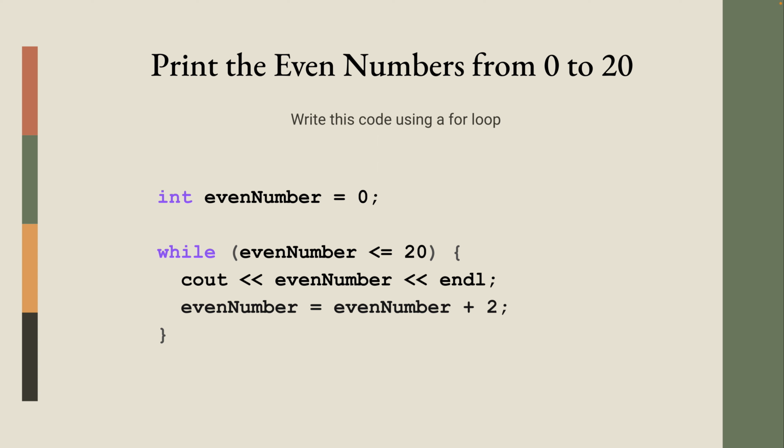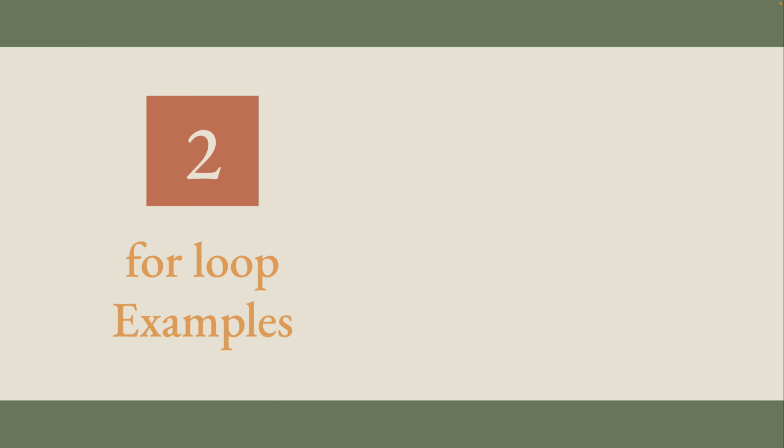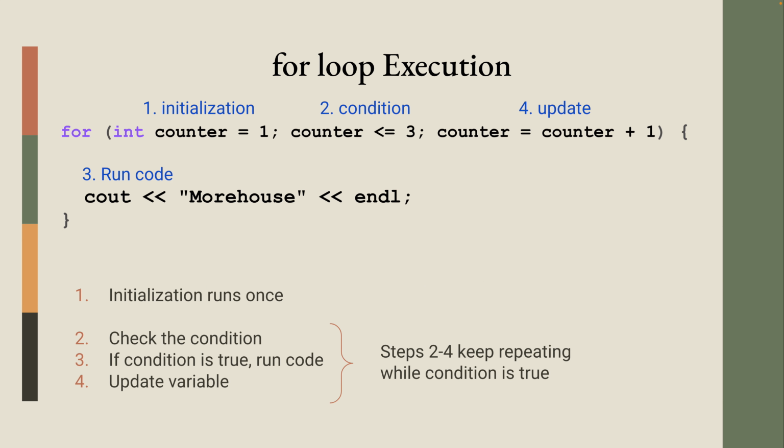Show us the for loops and axes. Syntax, again, we're trying to print out the even numbers. We're writing the for loop: write a for loop to print the even numbers from 0 to 20.